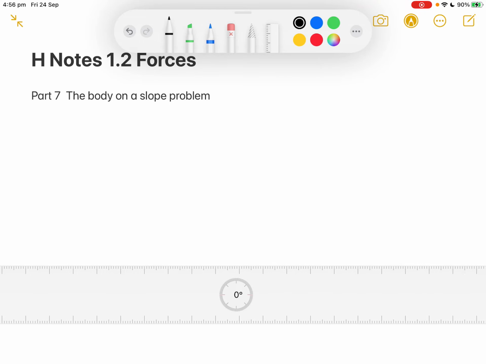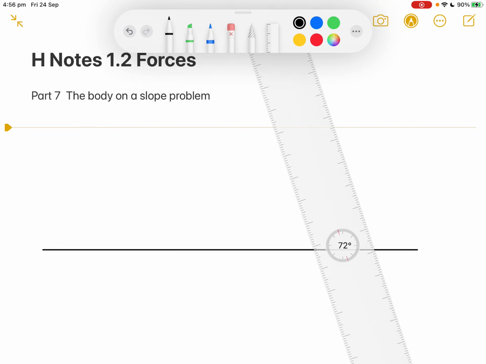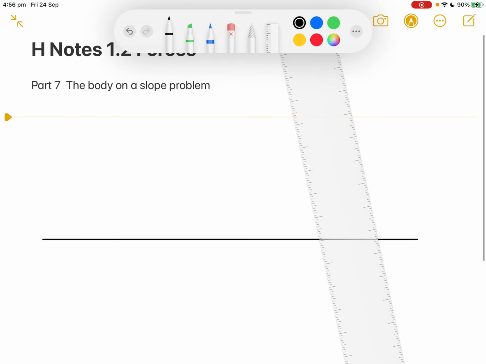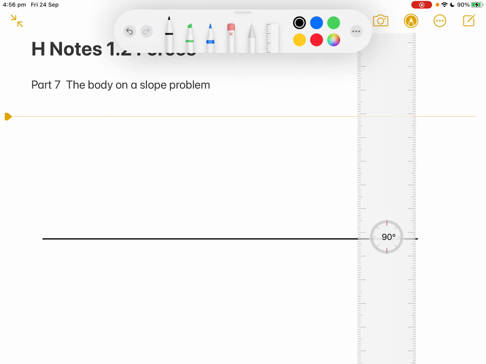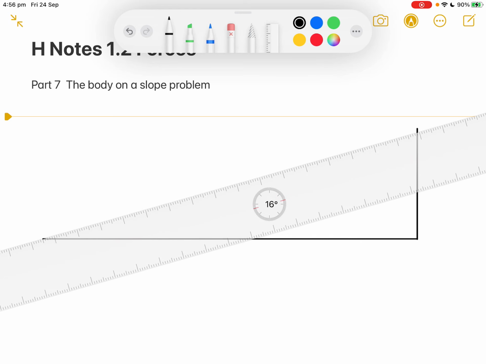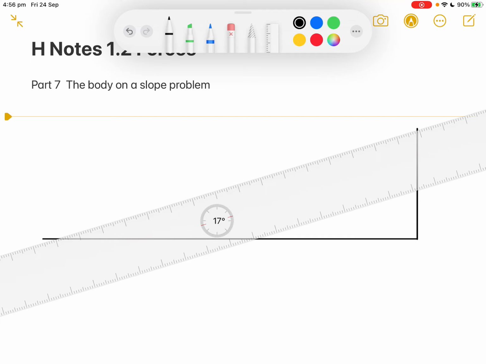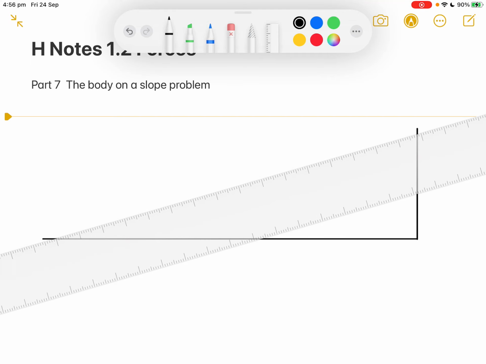Let's begin with the situation diagram that we're talking about. So the sort of situations we're dealing with here involve a body that's on a sloping road or runway of some sort, something like this. It could be a car going up a hill, for example.